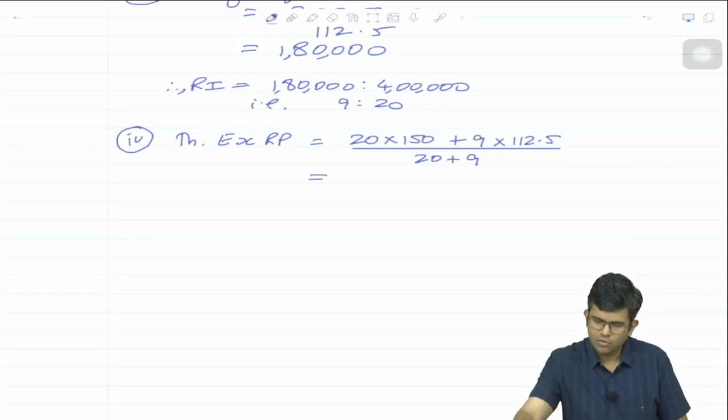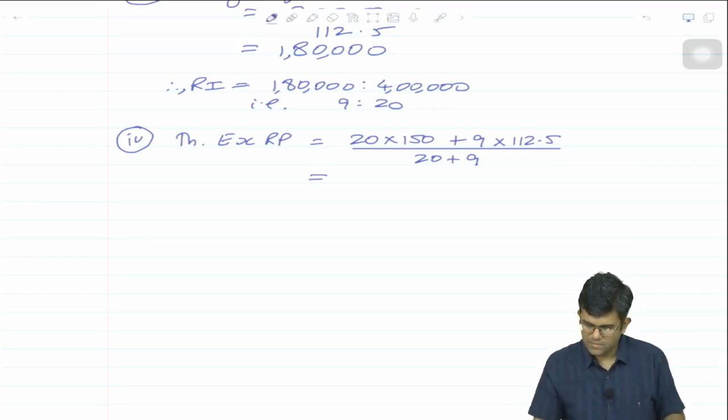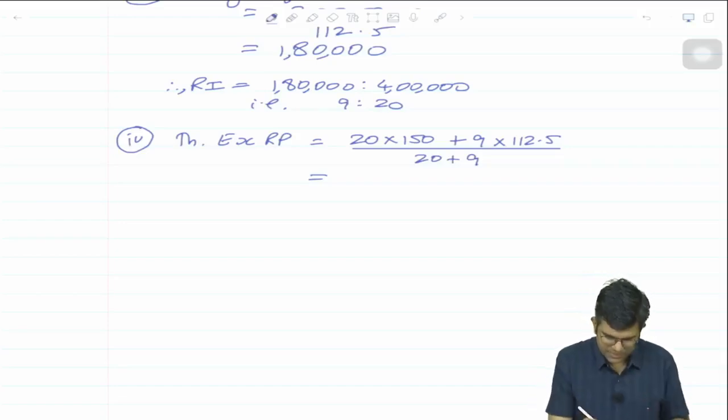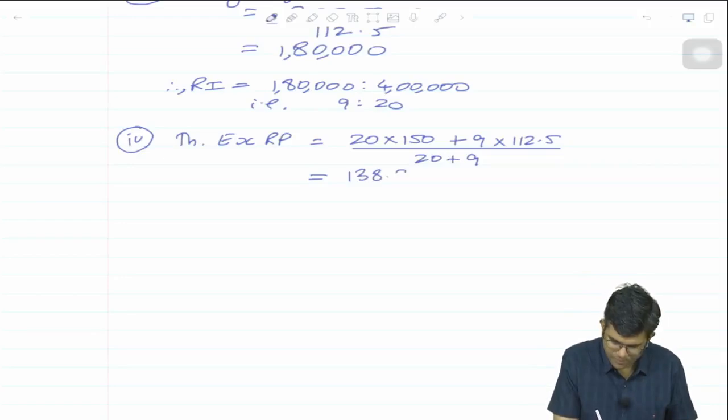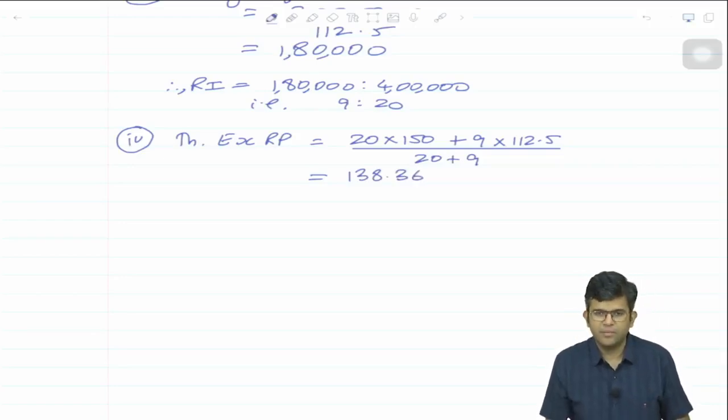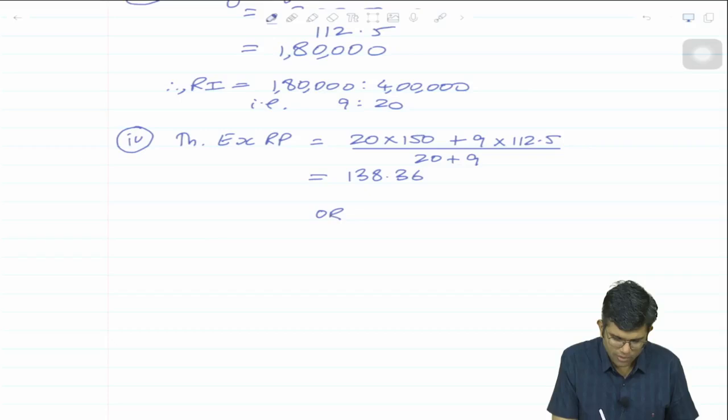So I will now do 20 into 150 plus 9 into 112.5, divided by 29, and I get 138.36.